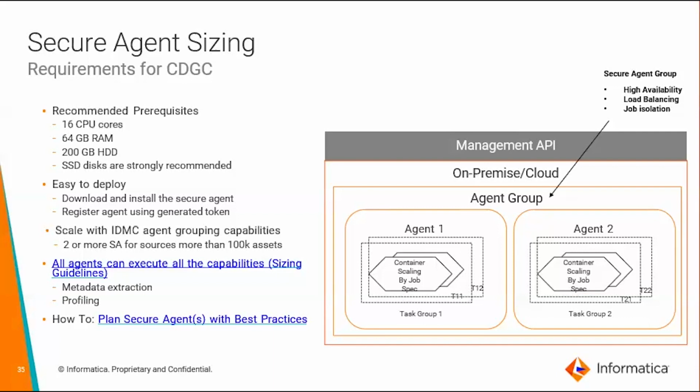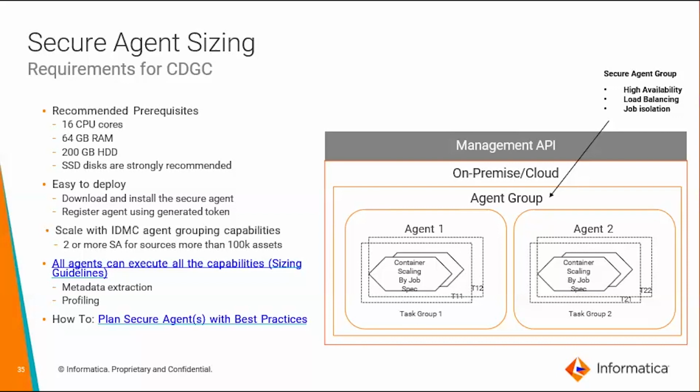Load balancing, the execution of various tasks will be distributed to the various agents in the group in a round-robin fashion. Or another case would be for job isolation. You may want to specifically assign jobs based on department or project, maybe by location for on-prem versus cloud-based systems, or by service, maybe data integration just as one group and metadata ingestion as another.